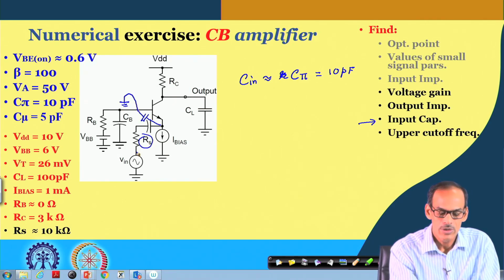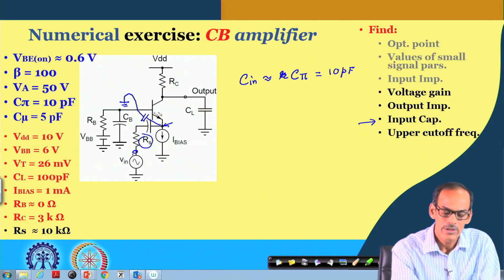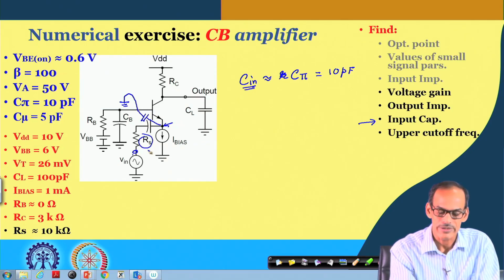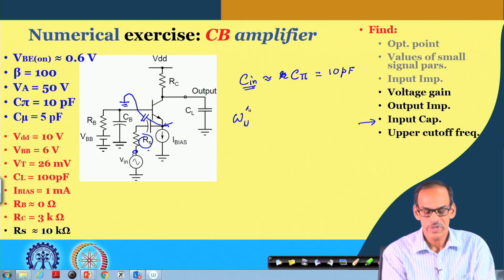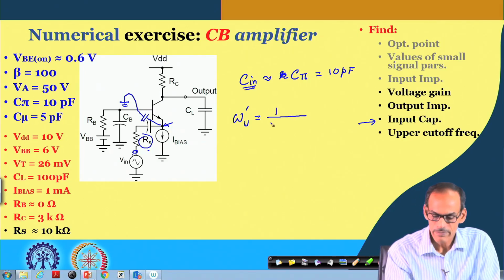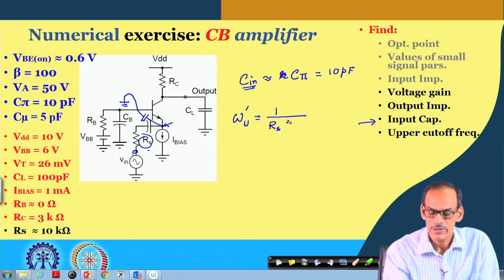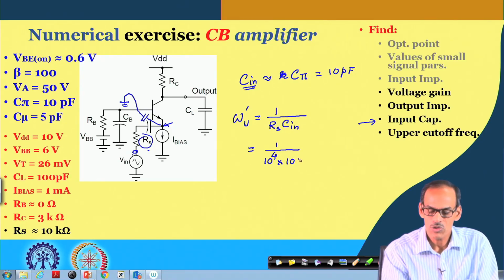So, from the primary input to this point we have one RC circuit defined by C in and this R S. So, one candidate of the upper cutoff frequency coming from this R S, let me call it omega u dashed, is 1 by R S and C in, and this is 1 divided by 10 to the power 4, and C in is 10 picofarad, so this is 10 to the power minus 11.